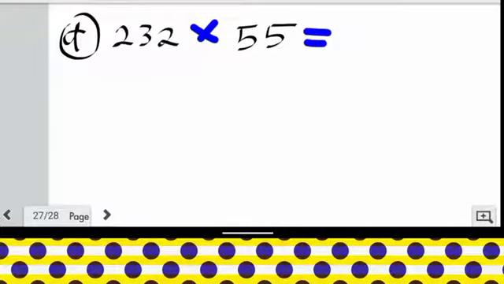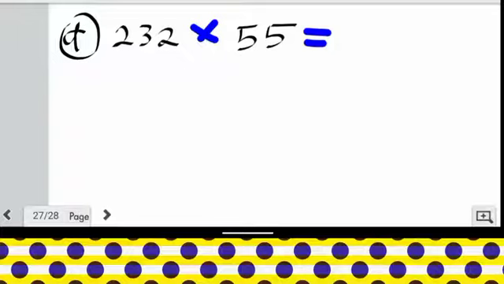Then we move further to the last one. We have 232 multiplied by 55. So now what are we going to do? The same thing we've been doing. We try to divide this 232 by 2.